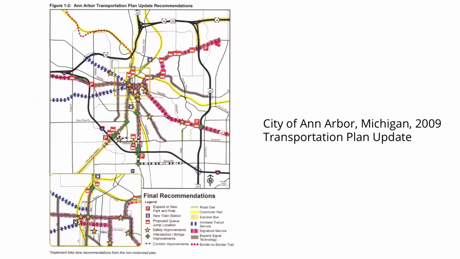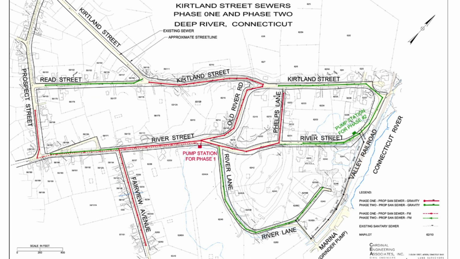The comprehensive plan also needs to deal with all of the physical elements involved in the community. Here we have a transportation plan from Ann Arbor, Michigan. That's one of the physical elements. Future utilities are another of the physical elements, and here we have plans for sewers in a particular part of a community in Connecticut.